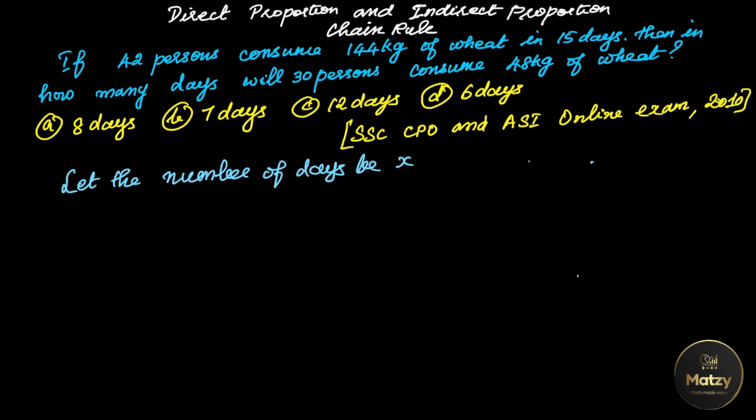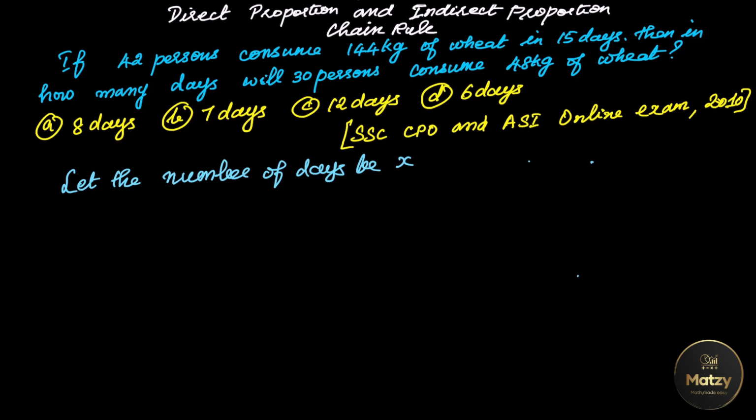If you go faster, the time will be less. You will reach the school within a short period of time. If you are going slowly, then it will take more time. So, this will be in indirect proportion. If the speed increases, time decreases. If the speed decreases, time will increase. They are in indirect proportion.